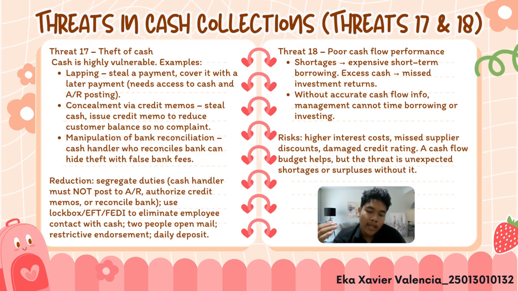The AOE case in the chapter shows exactly this problem, where delays in customer payment lead to increased short-term borrowing and financial strain. The risks include higher interest costs, missed discounts from suppliers because cash is tight, and damage to the company credit rating if borrowing becomes too frequent.